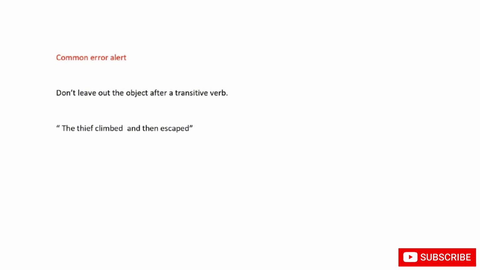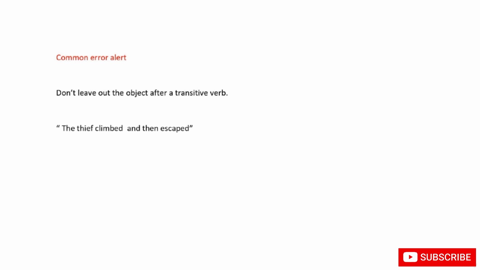Well, the mistake is that the verb climb is a transitive verb and you need to say climbed what? You need to say an object. Now in your mind, you might have a picture of a thief climbing over a wall and then running away. But you need to say that. You need to say the thief climbed over the wall and then escaped. So don't make that mistake of leaving out the object after a transitive verb.